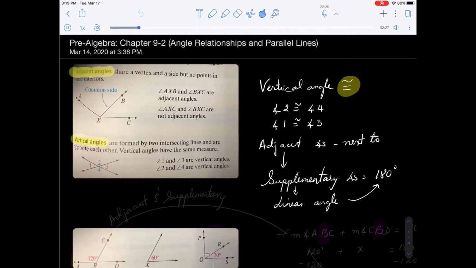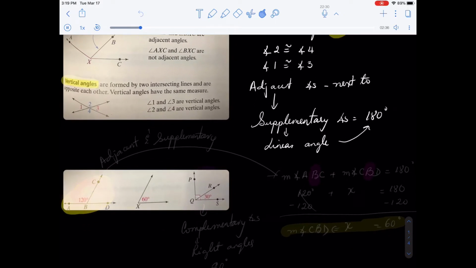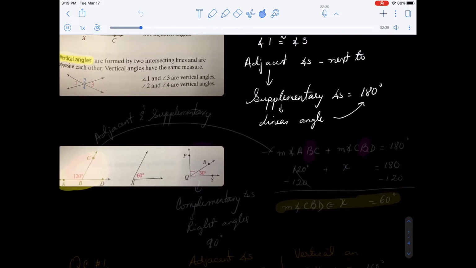Okay, in this case, if you see these examples right here, let me change the color. The two angles are adjacent to each other, and those two angles, let me write adjacent and supplementary.